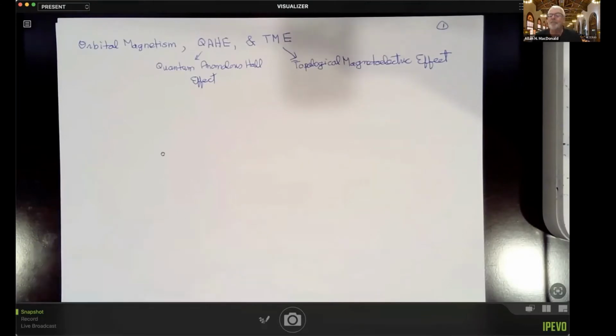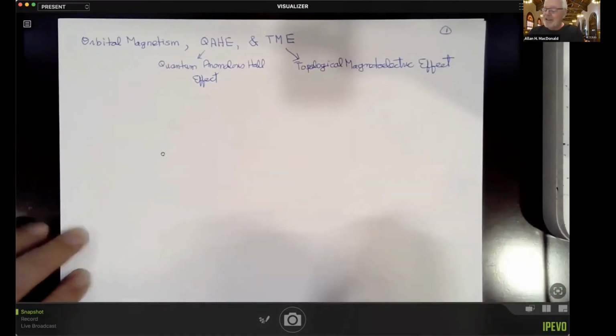I'm going to make some general remarks about orbital magnetism and about two other related things, the quantum anomalous Hall effect and the topological magneto-electric effect. So feel free to interrupt me as I go.